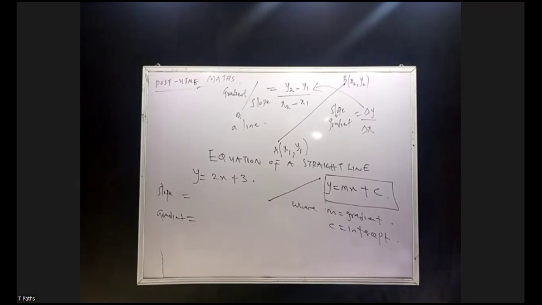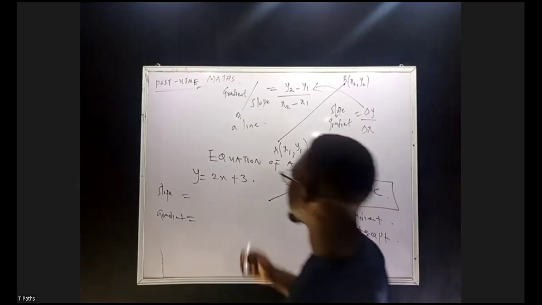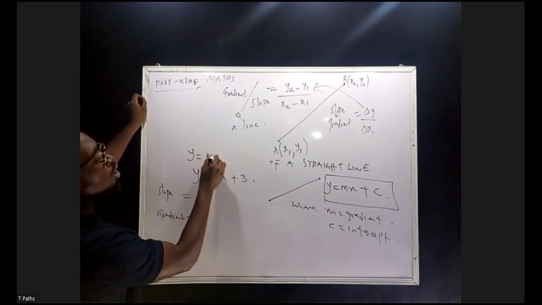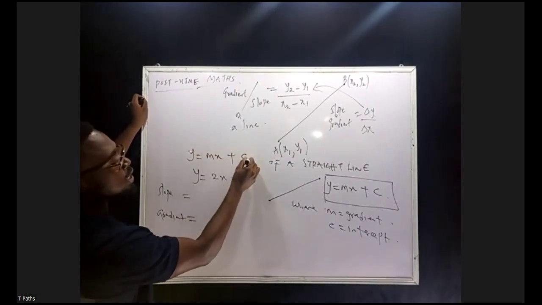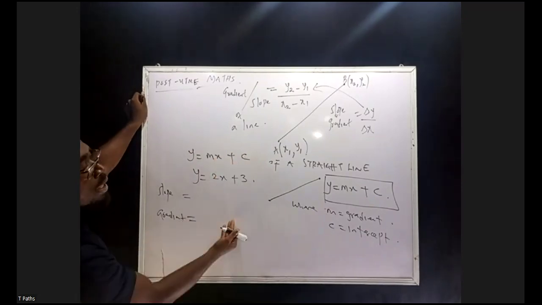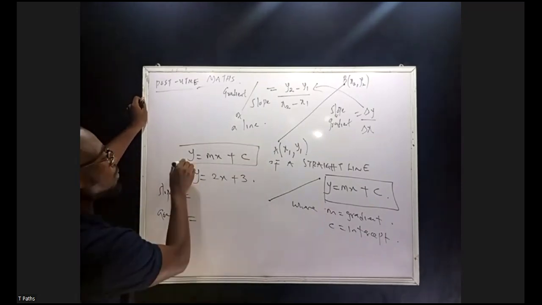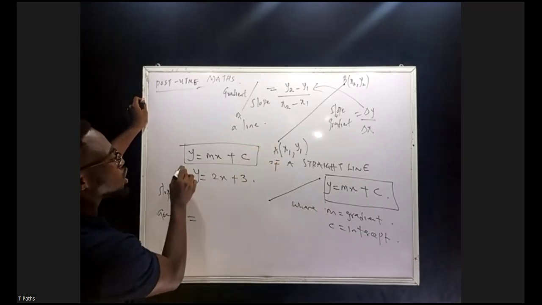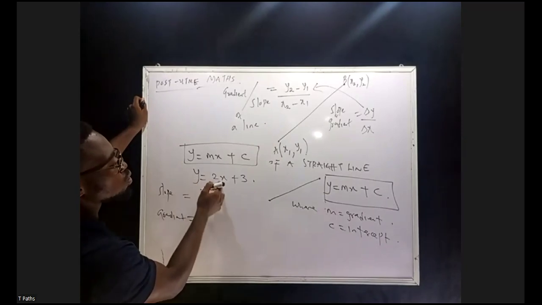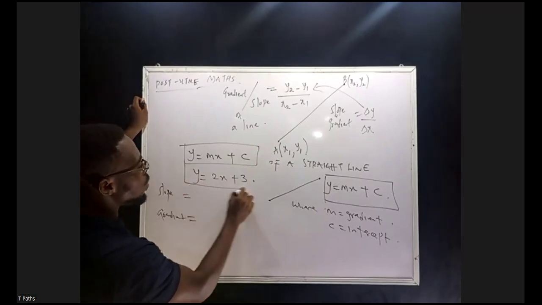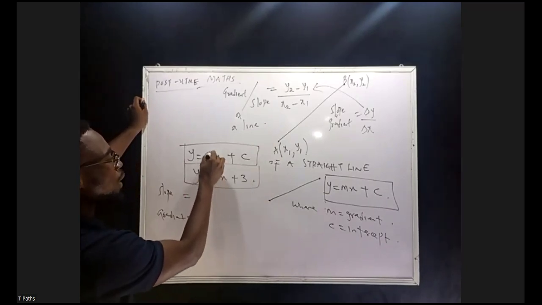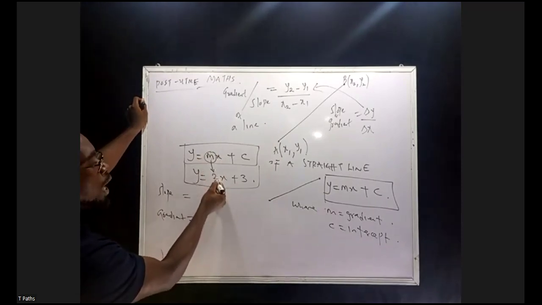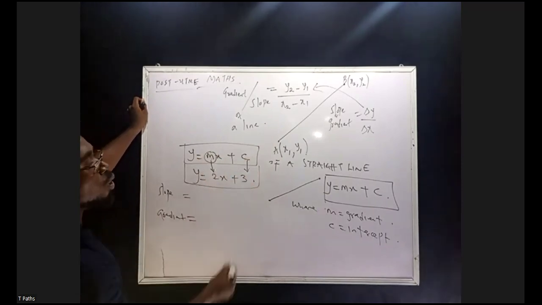How did we get that? Very simple. I said that the general equation is y equals mx plus c. If you compare this, and I now tell you that an equation is represented as y equals 2x plus 3, it means that the slope m is 2 and the intercept is 3.